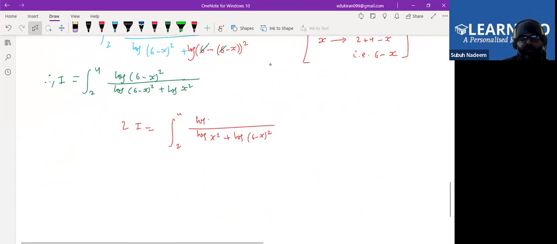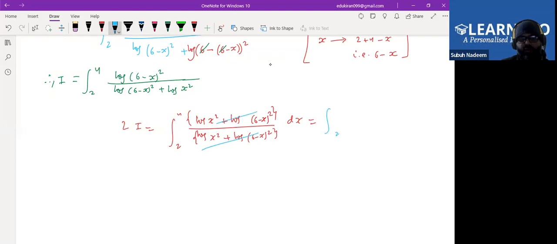So it is log of x square plus log of 6 minus x whole square, dx. So this term and this term get cancelled, and you get the integral of dx from 2 to 4, which is x from 2 to 4, which is 4 minus 2 equal to 2. So this is 2I, so I is equal to 2 by 2, which is 1. This will be your answer.